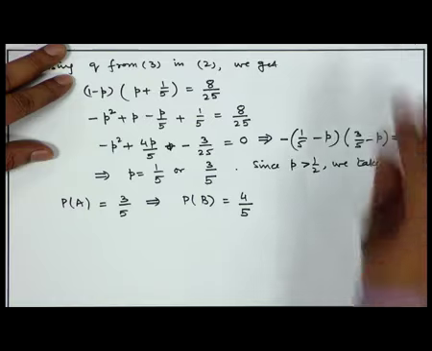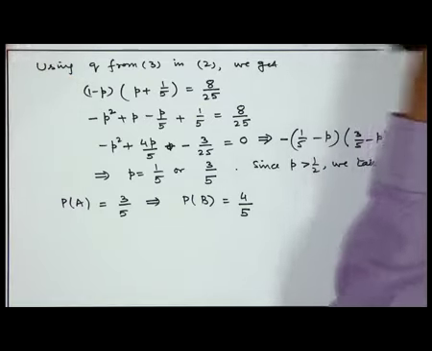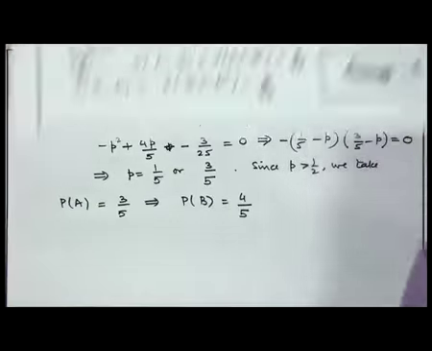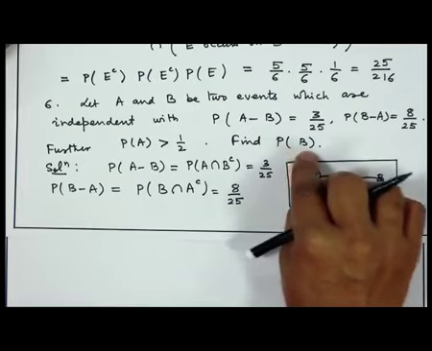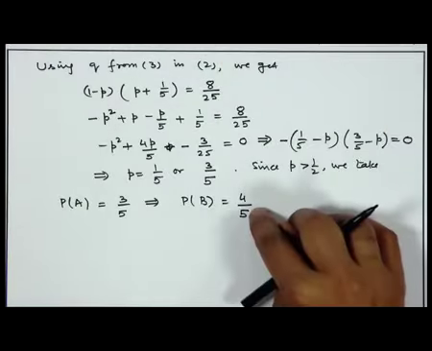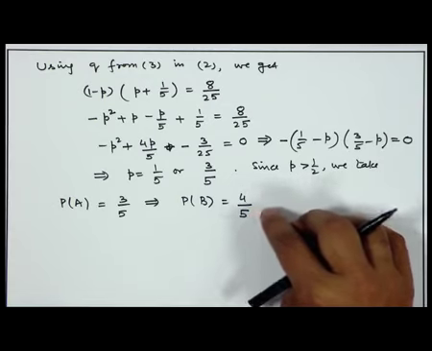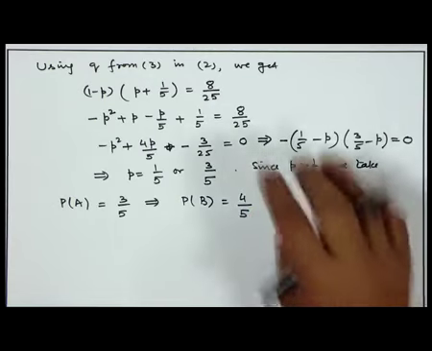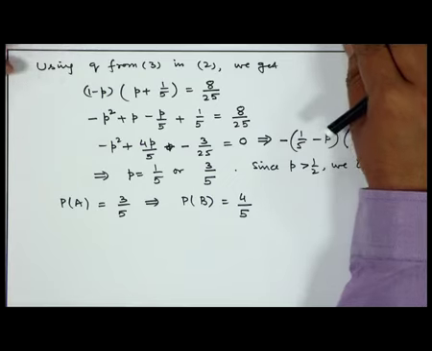So, this was our original intention, to evaluate the probability of B. The probability of B we are getting to be 4 by 5 here. Now, you can see in this particular problem, we have used the concept of independence and then the idea of complementation, and then it is something simple.